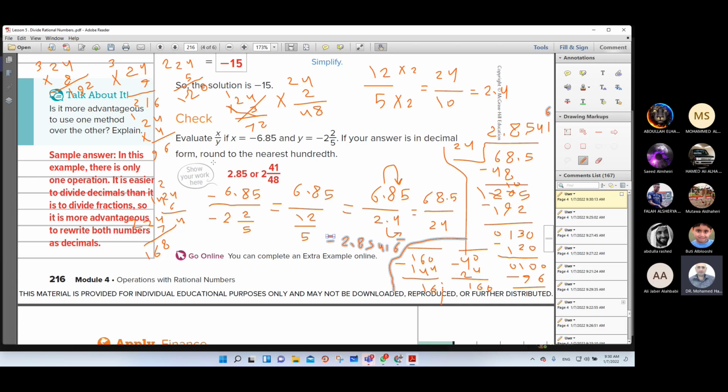And here you can round it to the nearest hundredths. This is the hundredths place. If you round to this value, you will get 2.85, about or close to 2.85. So this is our lesson for today.